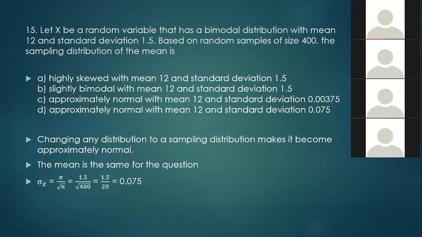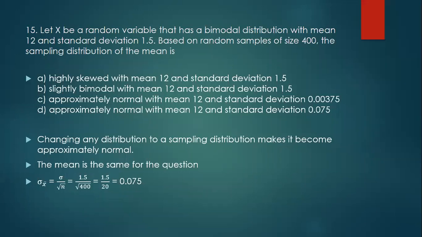The sampling distribution of the mean is... The first thing is that we are changing our distribution to a sampling distribution. So the first thing you should note is that when changing any distribution to a sampling distribution, it becomes approximately normal.